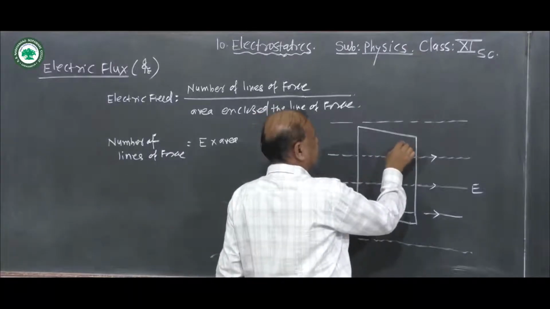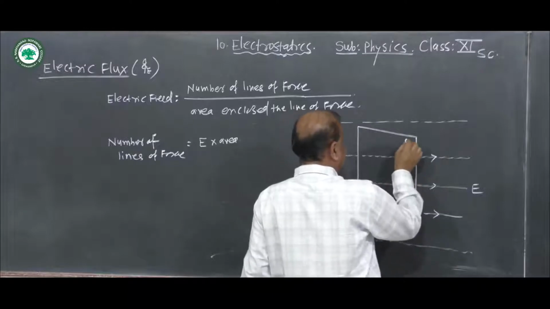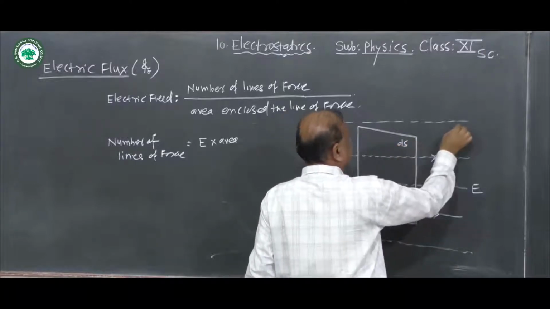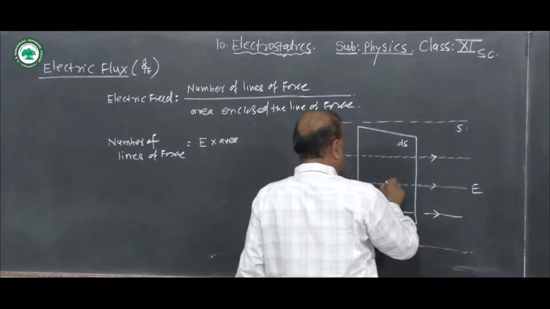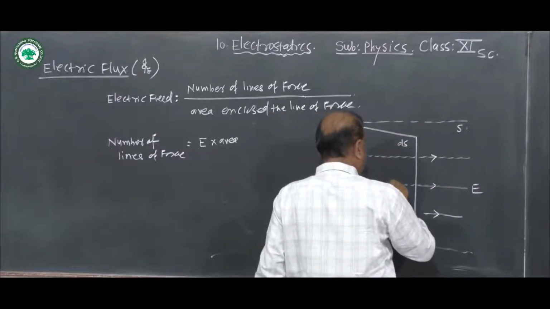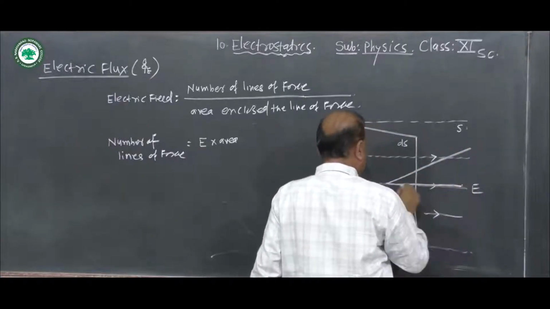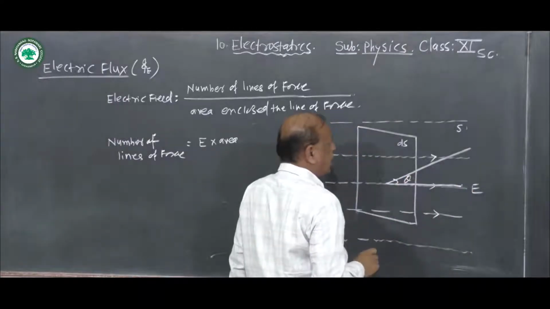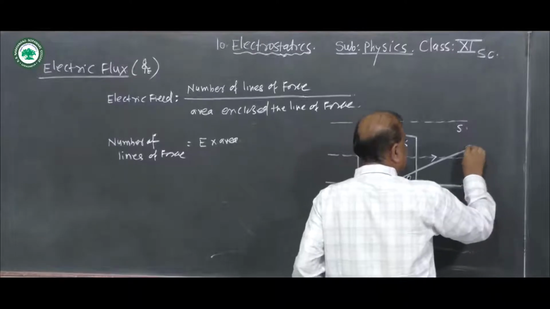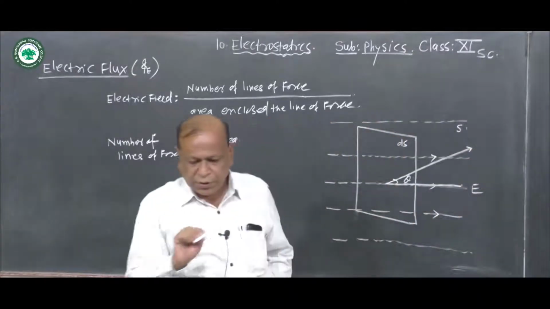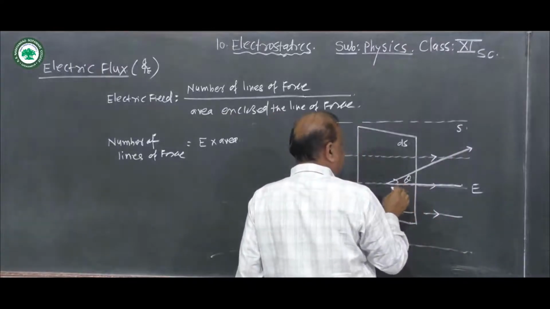For simplicity, we consider a small surface area ds, and this total area is S. Theta is the angle between this E and this surface S.